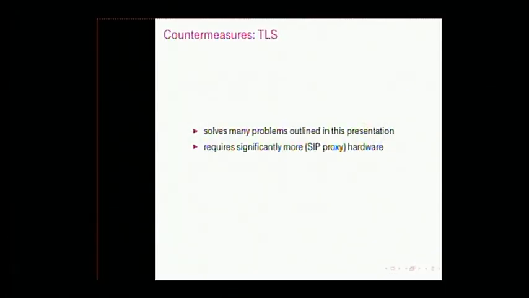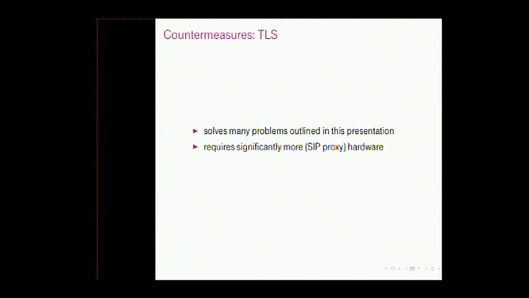Another thing is TLS. The idea is to protect all signaling traffic with a TLS connection. So you can simply ignore all messages that don't come over this connection. It works with NAT, solves many problems.